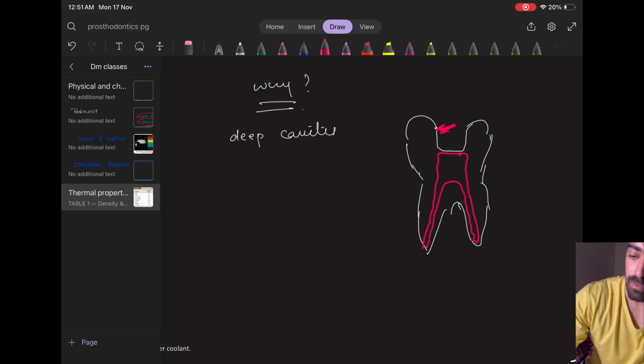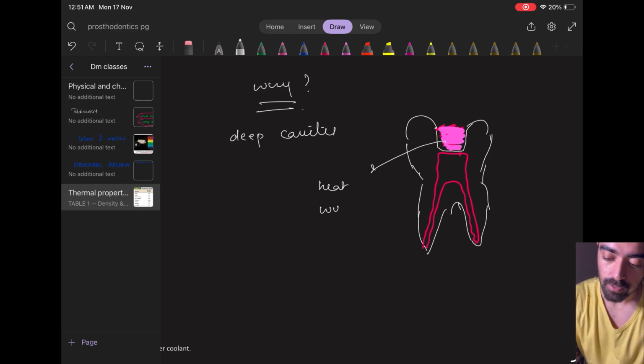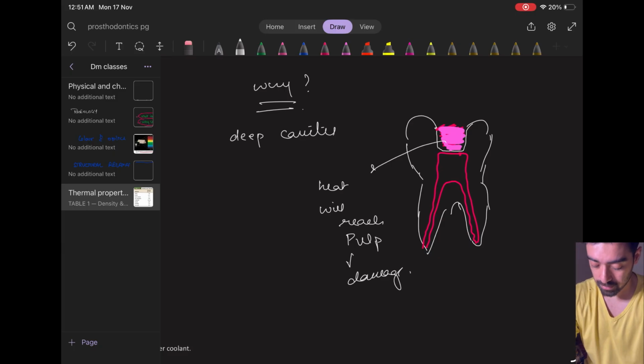And I have filled it with metal. So the heat, if I have filled it with metal, will reach the pulp and cause damage. This is one of the aspects that must be kept in mind.